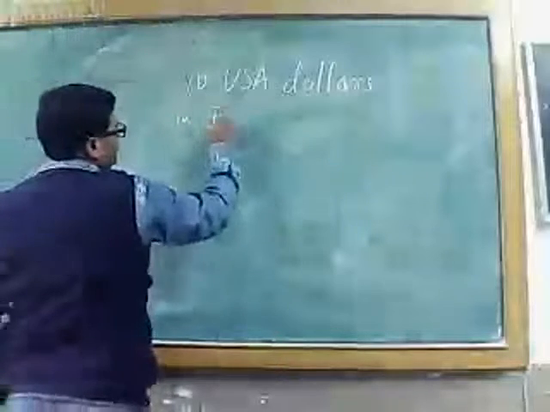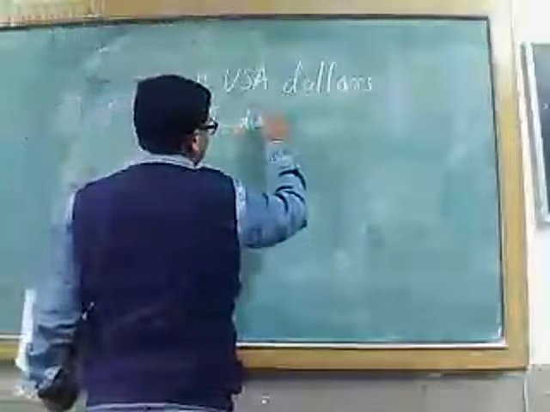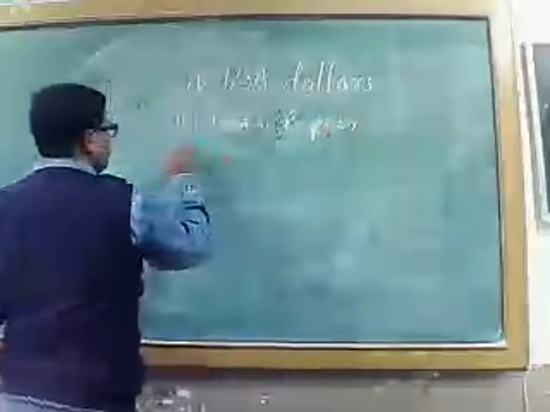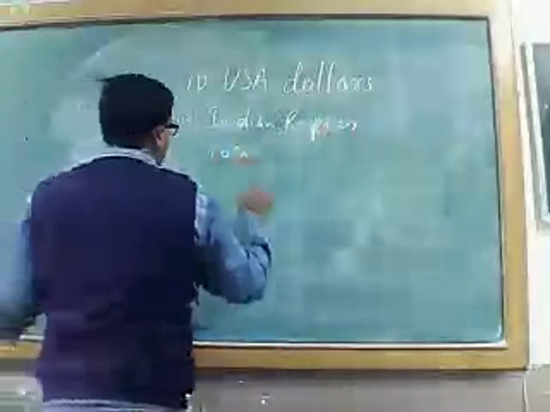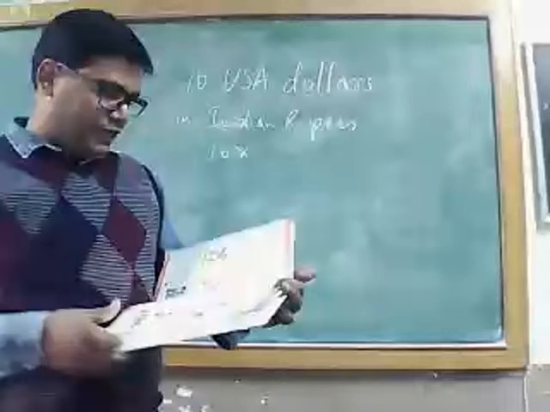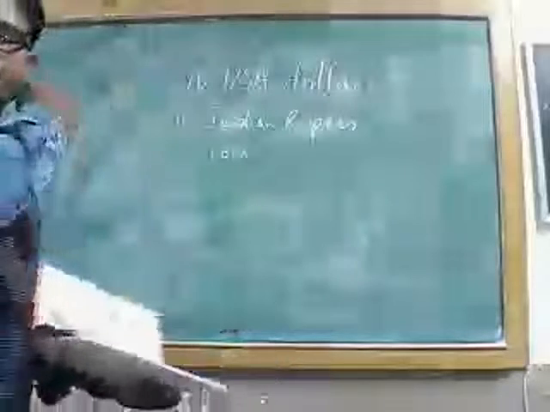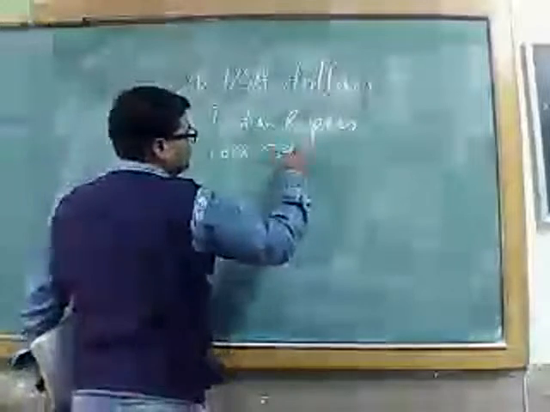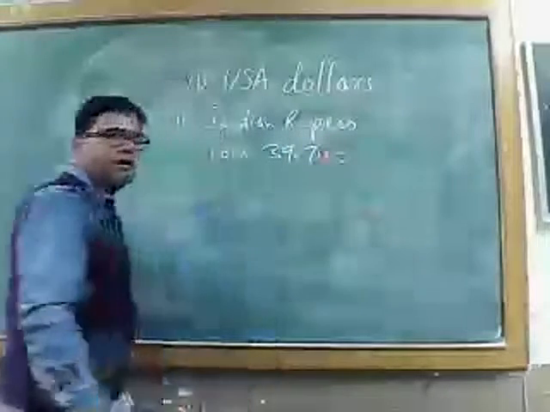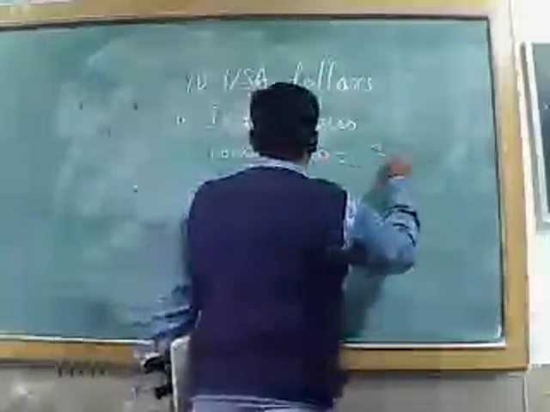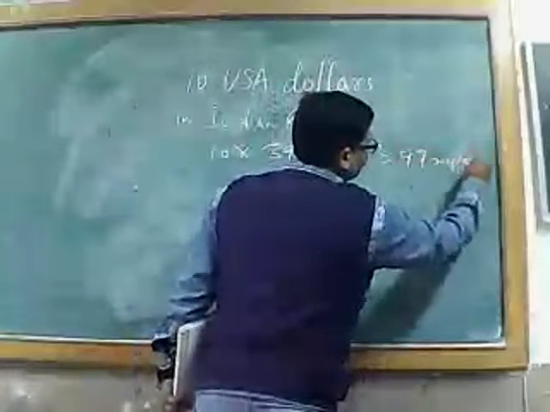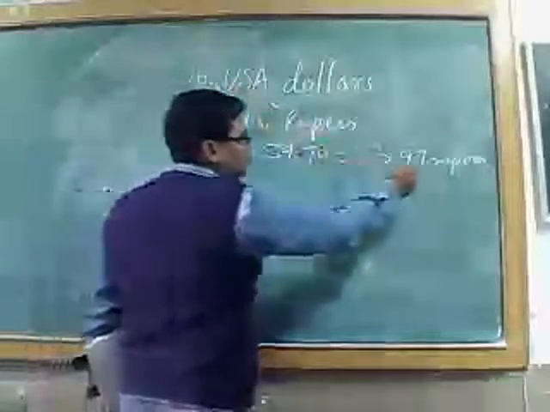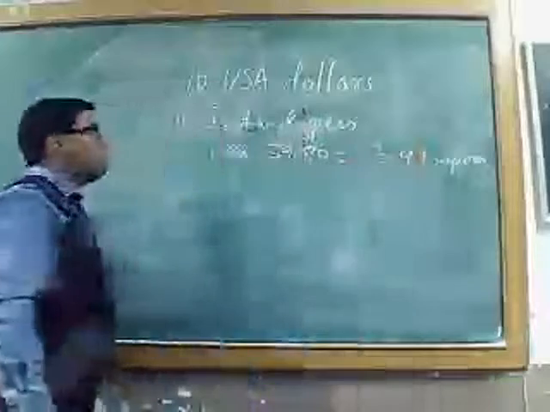In Indian rupees, it will be 10 multiplied by the cost of 1 US dollar, which is equal to 39.70. If you multiply these two, the answer will be 397 rupees. So 10 US dollars will be equal to 397 Indian rupees.